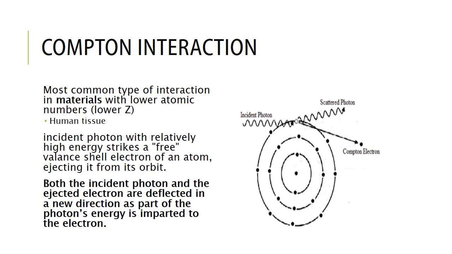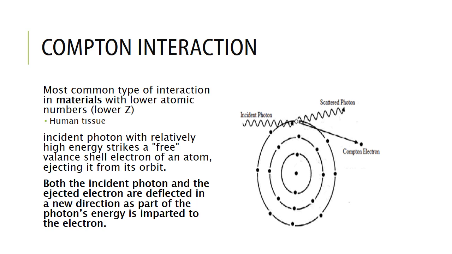So just while I'm on this slide, and we're talking about Compton interactions, I just want to point out that there's three major differences between Compton interaction and the photoelectric effect. First, Compton interaction involves the photon interacting with a loosely held electron in the outer shell. Remember, that was a distinction before.